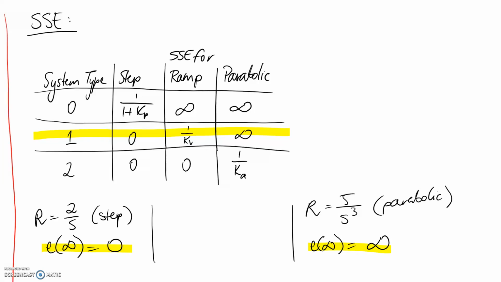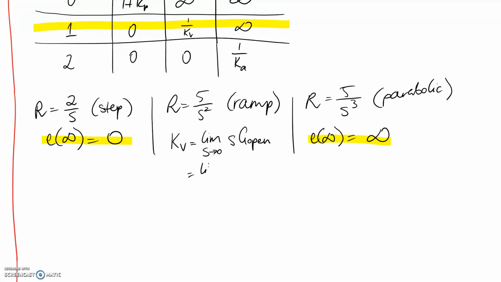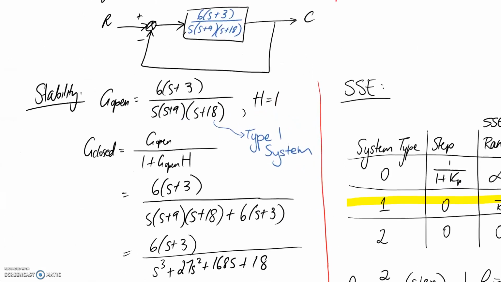So the only one that's a bit harder to deal with is when we have an input of 5 on S squared, because this represented a ramp with a gradient of 5. So to be able to work it out, we need to find this error constant, kV, and it's from the limit as S goes to 0 of S times G open. So we can substitute in our open transfer function. We have that from before.